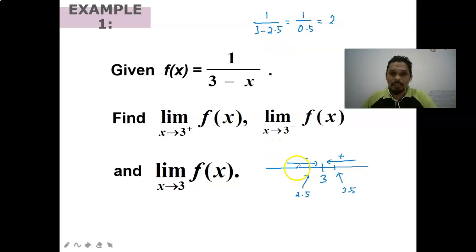And let's say if I choose 1.5, so 3 minus 1.5, then it is 1 divided by 1.5, which equals 2 over 3.